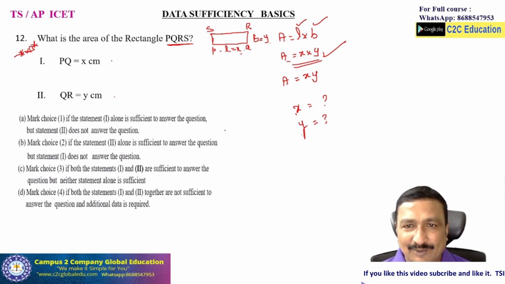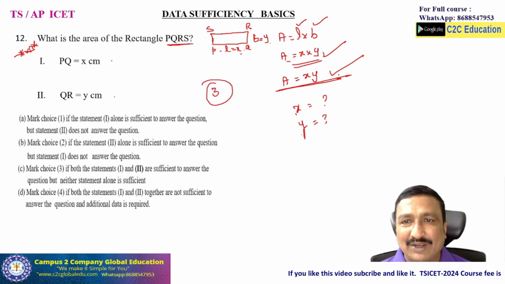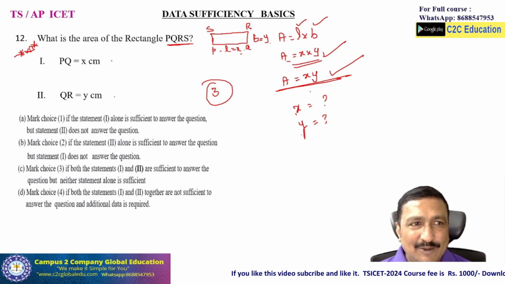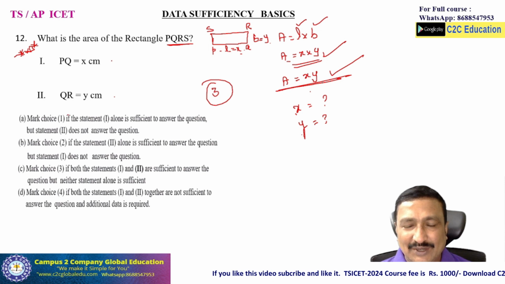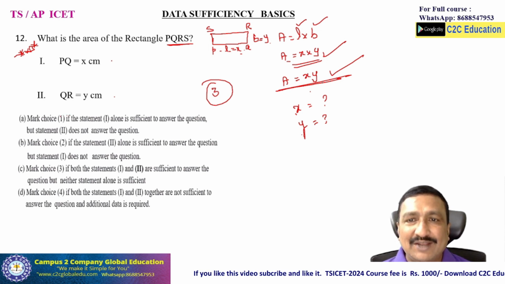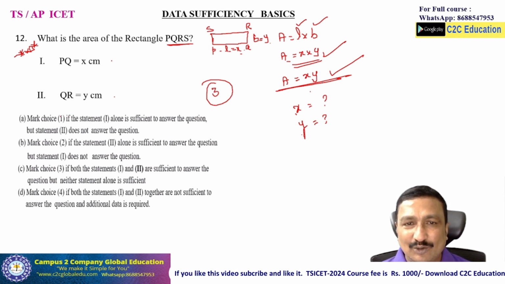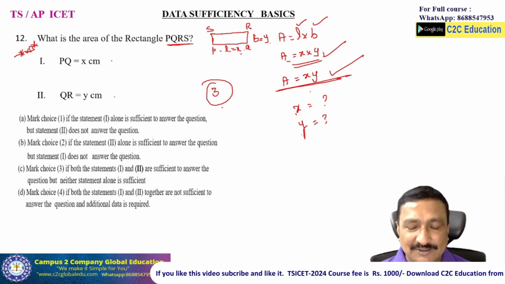According to your information, area of rectangle is equal to X into Y. So that's all. Your answer is the third option. We should not think about what X and Y are, because they gave the values. According to their information, the area is X into Y. So the answer is the third option, friends.